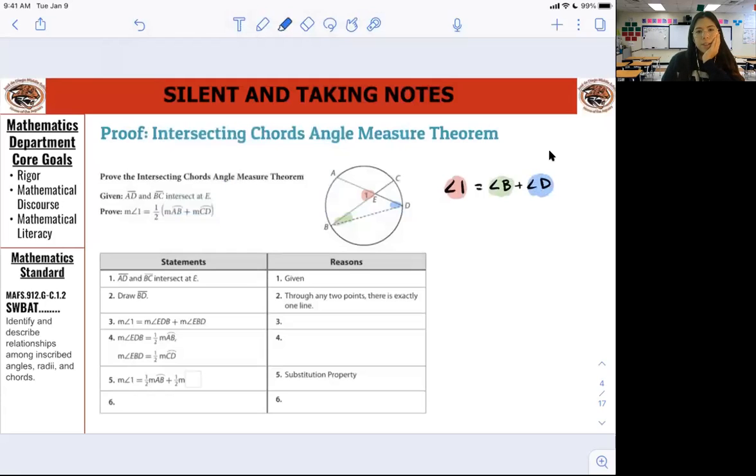I'll give you a hint. Where on that triangle is angle 1 located? It's similar to the triangle sum theorem. So Tyrone's on the right track. It's similar. Okay, angle 1 is a vertical angle, but if you think about the triangle where B and D are located, is angle 1 part of that triangle or no?